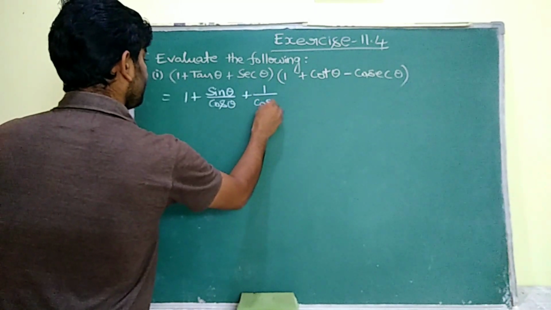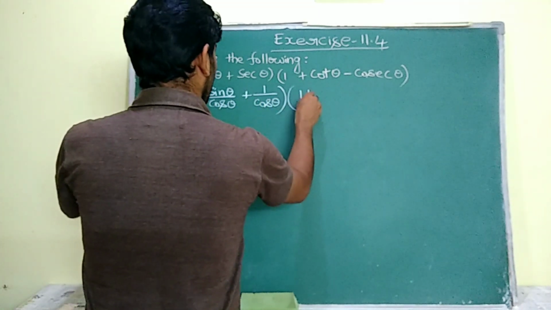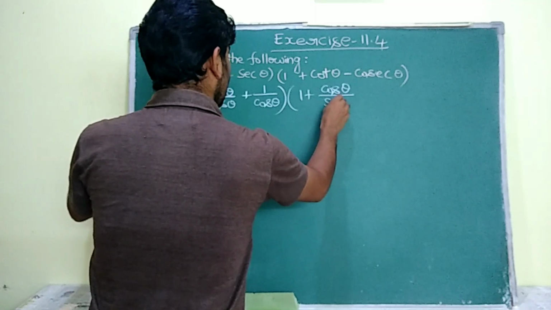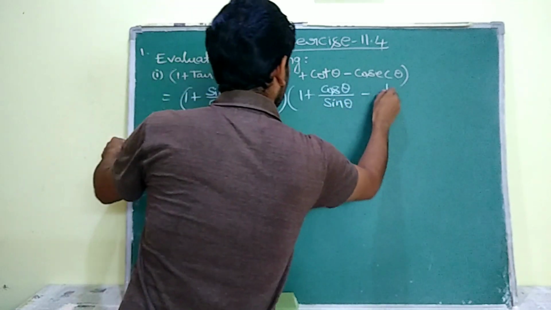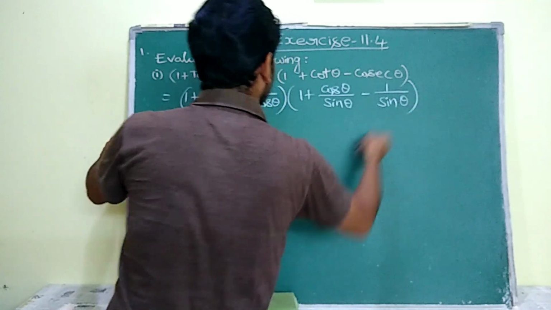Secant theta means 1 by cos theta. Similarly, 1 plus cot theta means cos theta by sin theta, minus cosecant theta means 1 by sin theta.